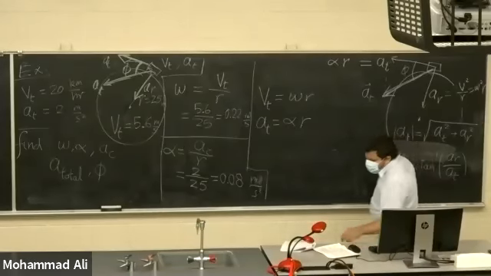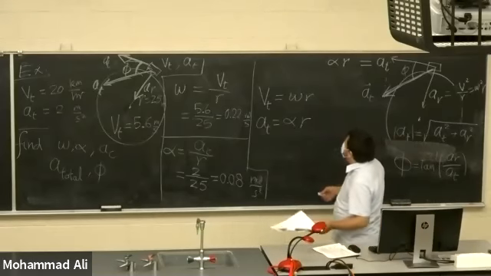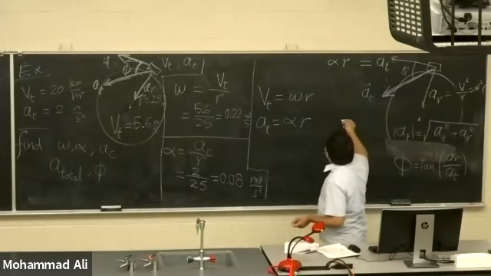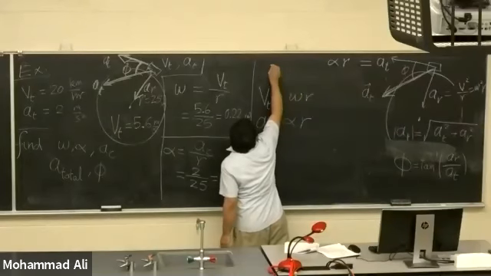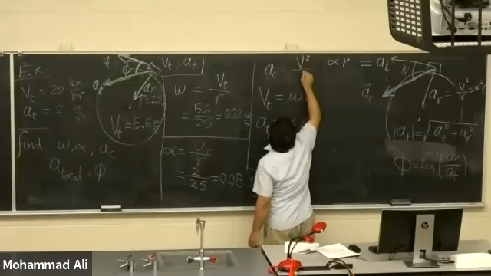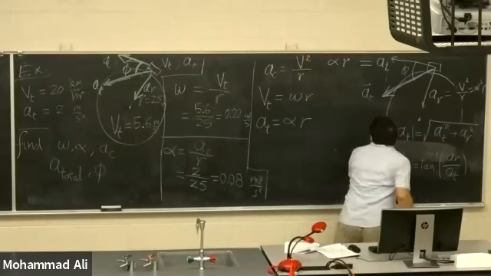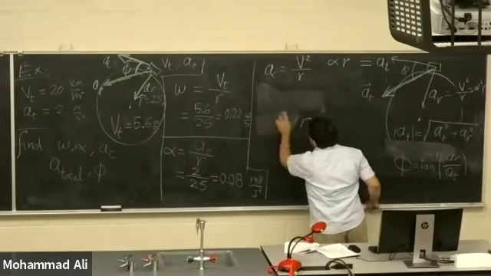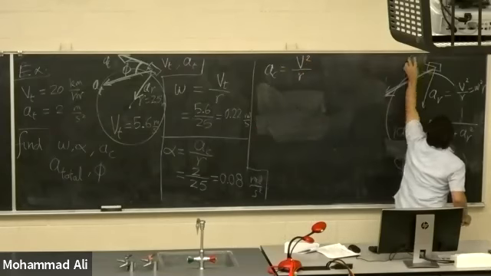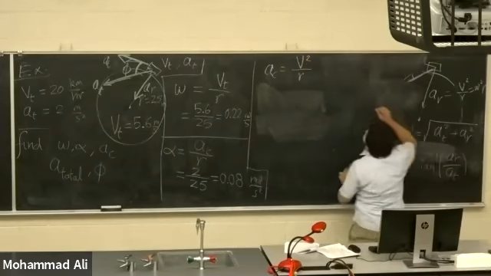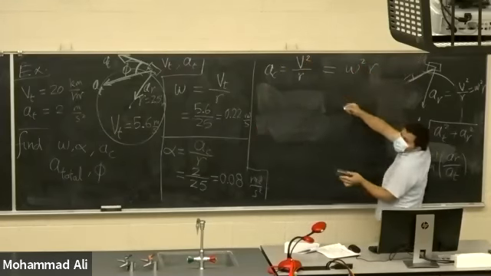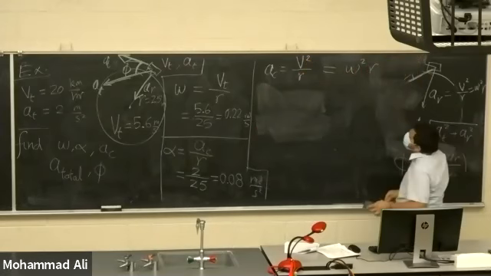Okay, now we need to find AC. We know from before that it is V squared over R. Also, we have another relation for it: it is equal to omega squared R. It is the same relation, but we just apply omega.